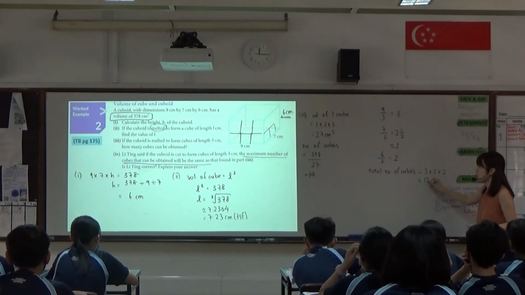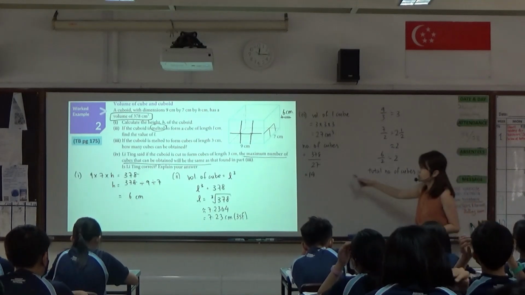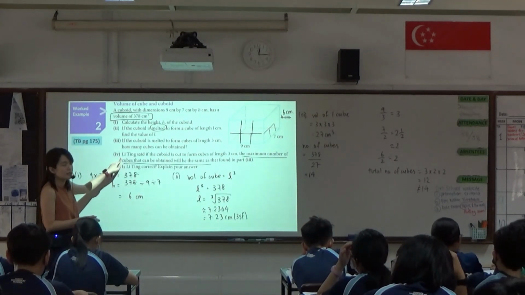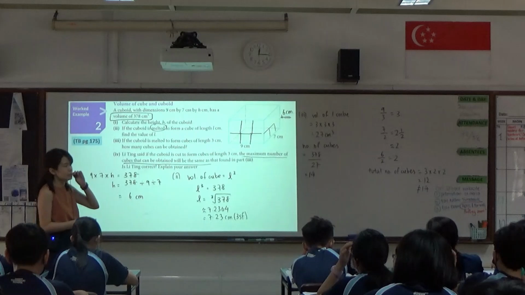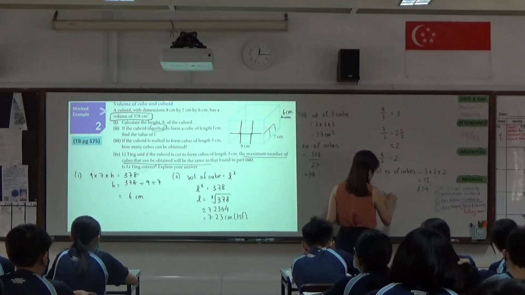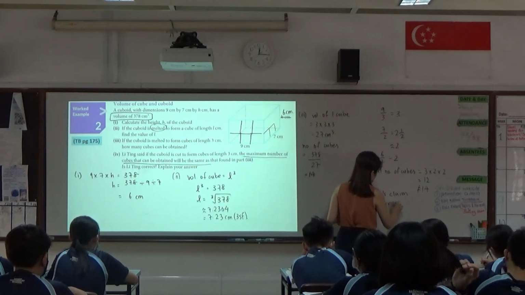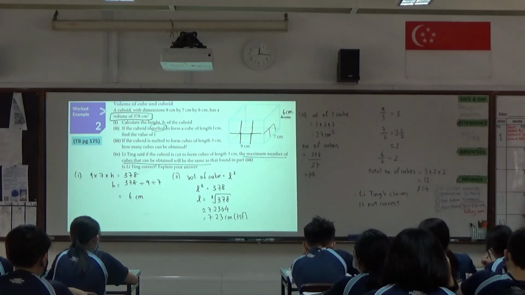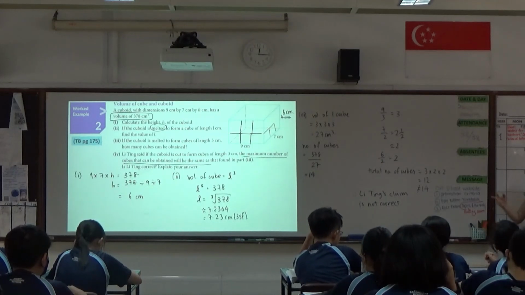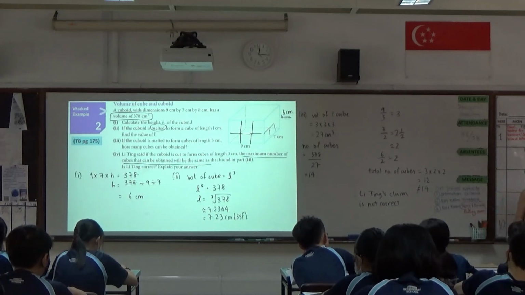That will give us 12, which is not equal to 40, the answer in part 3. Therefore, Li Ting's claim is not correct, because by the cutting method, there will be a part whereby I cannot form 3 cm cubes. So they are not the same.